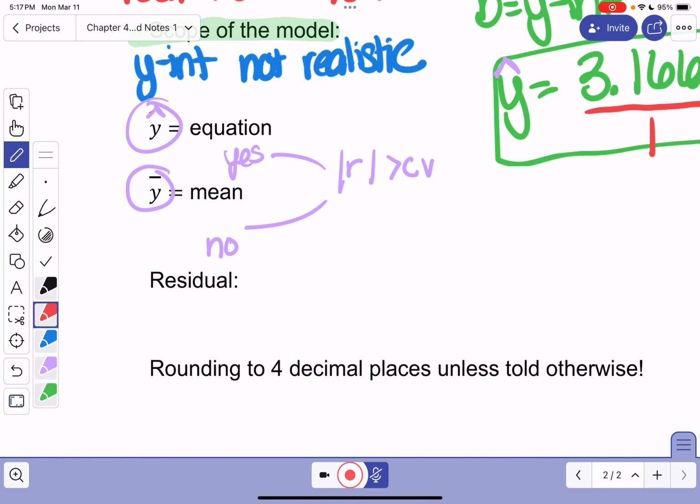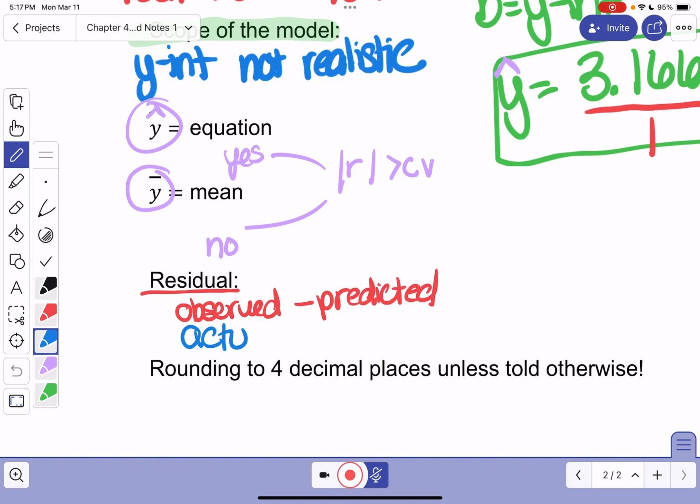Now, a residual shows you the difference between the observed value and the predicted value. The other way to think about that is the observed is the actual value and the predicted is your equation.